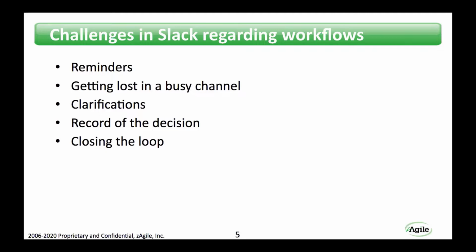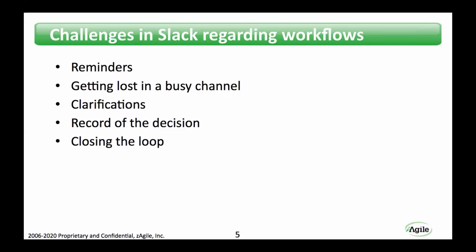Likewise, if you have a channel, it can be quite busy in there, one person can monopolize the conversation, and if you have something particularly important, it can get lost in the noise pretty easily. Clarification: if you have a back and forth of, hey, I need a yes or a no answer, sometimes that won't quite do it. Maybe the manager needs some clarifications around something, and it's hard to stay in sync about that.